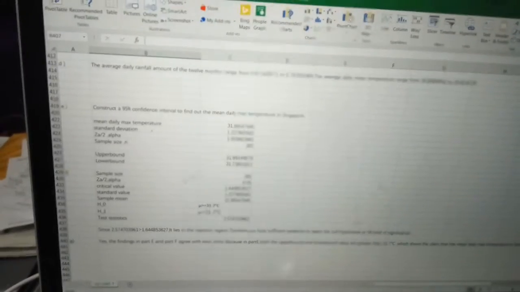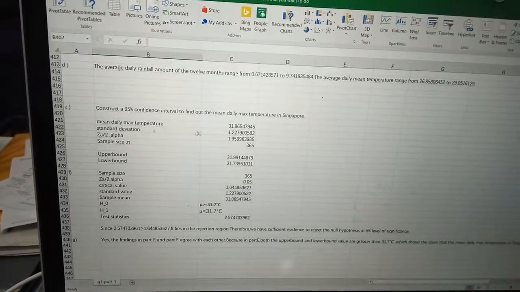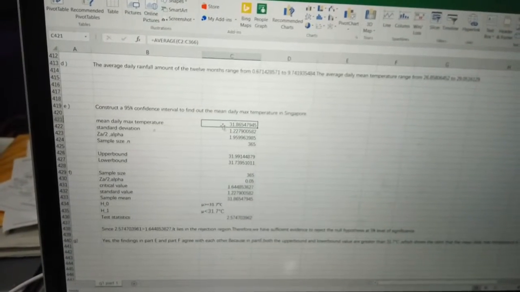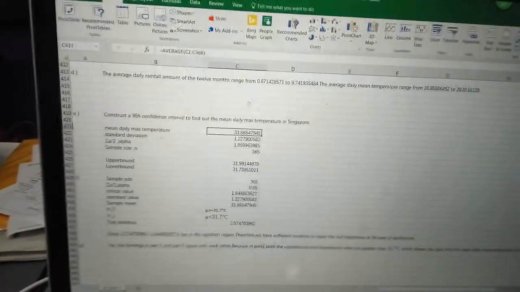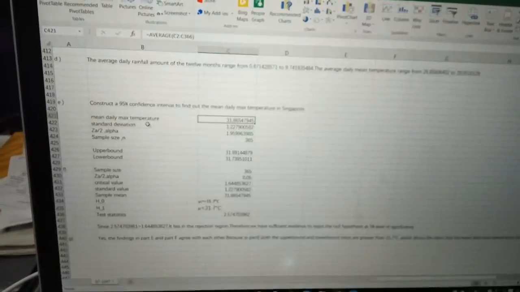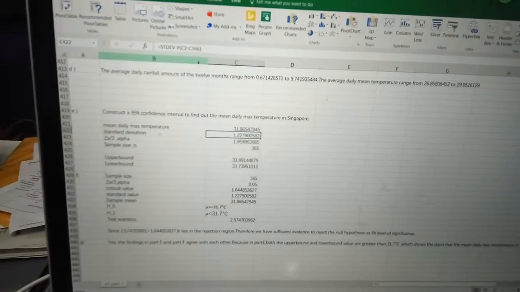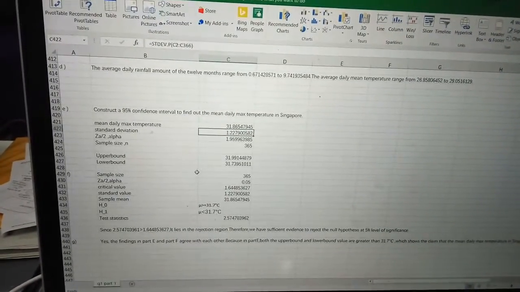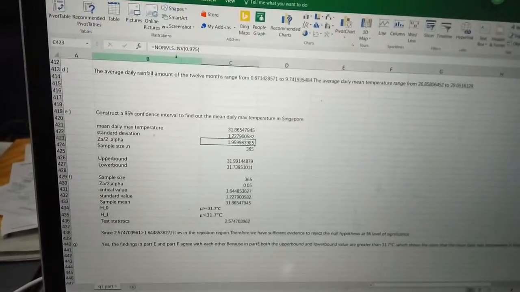So I need to get values for all the data first. Firstly is the sample mean, which is average from the first day of the year to the last day of the year. You just press the number and then you shift down. The standard deviation is the standard deviation from the first year to the last year. And then alpha is this value. This is my working.